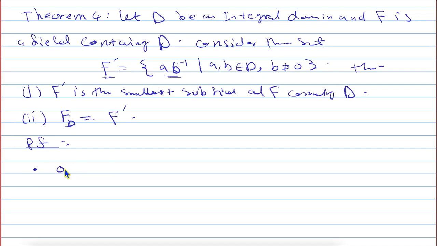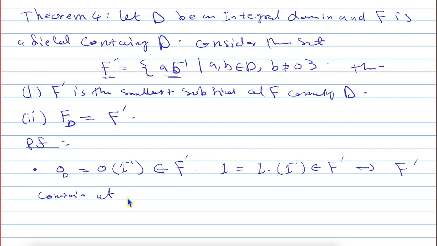We have 0, which is of course the 0 of D, equal to 0 times 1 inverse, contained in F prime. We also have 1, equal to 1 times 1 inverse, contained in F prime, and therefore F prime contains at least two elements.